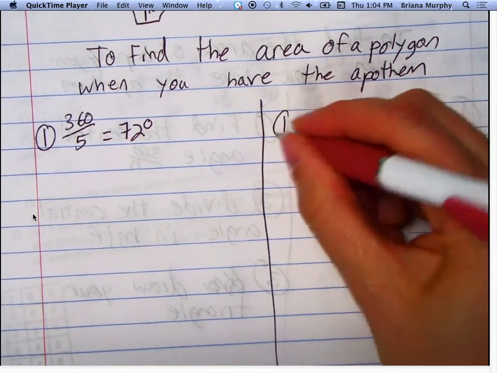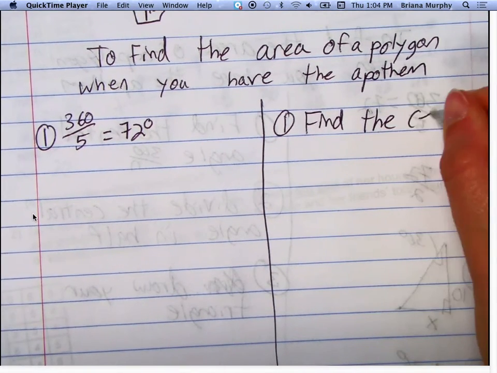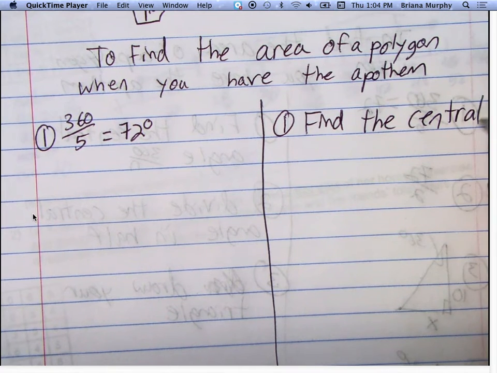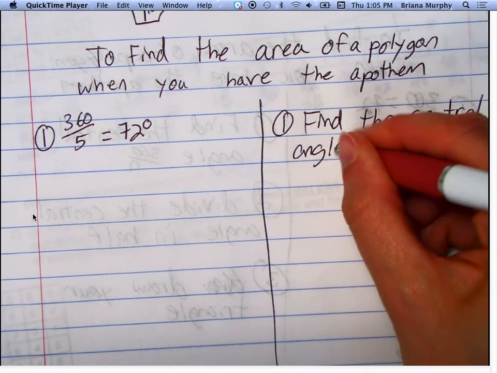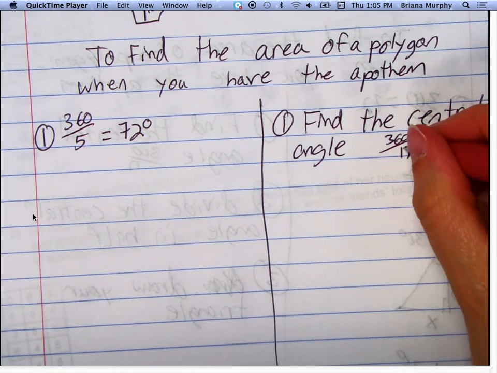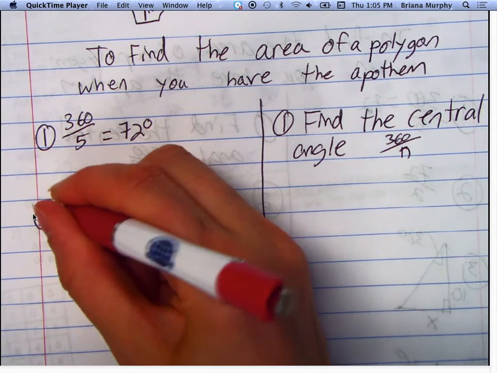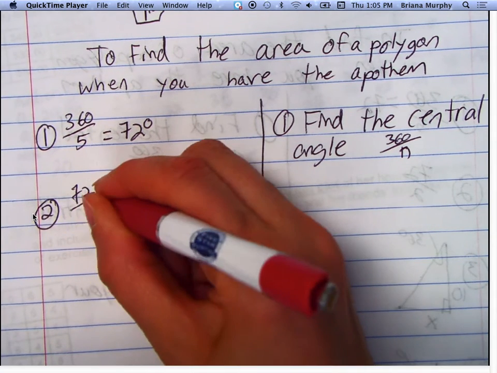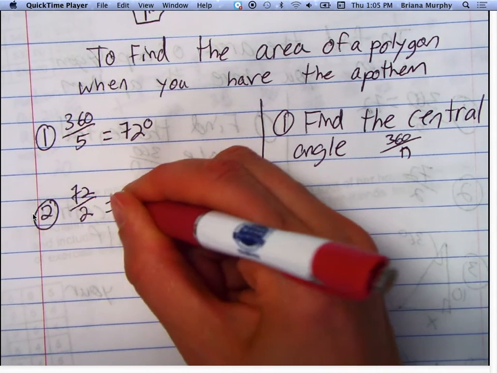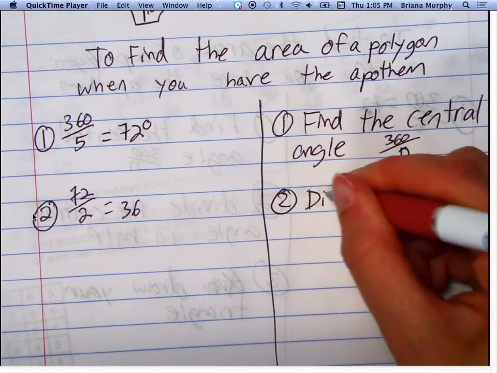So that was find the central angle, which is 360 over n. Step 2: take 72, divide it by 2, giving me 36. Divide by 2.